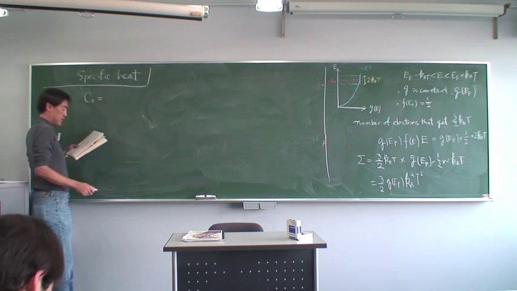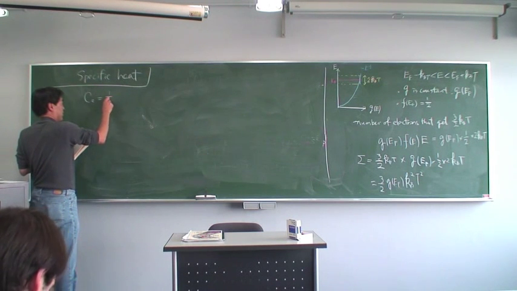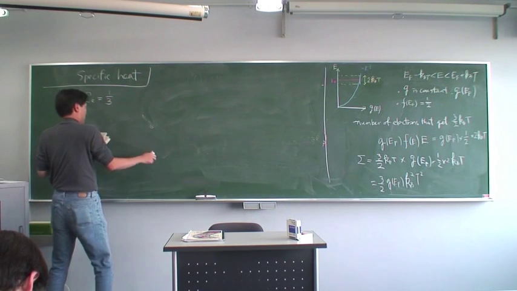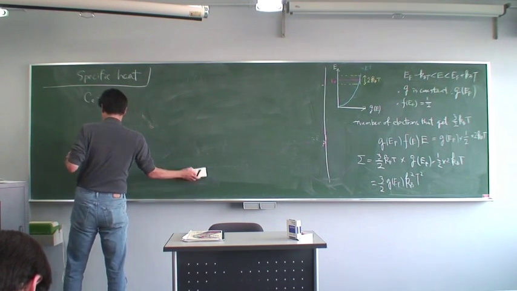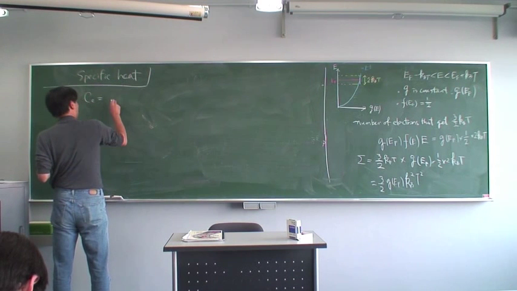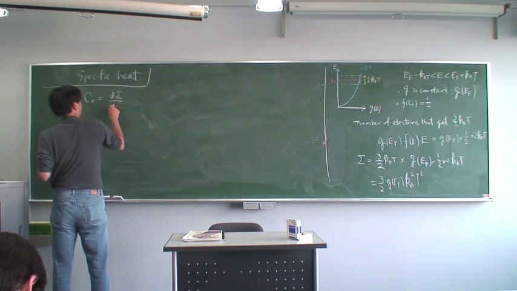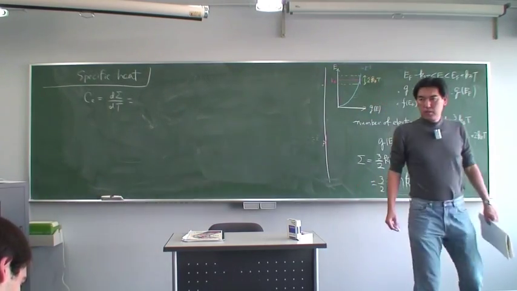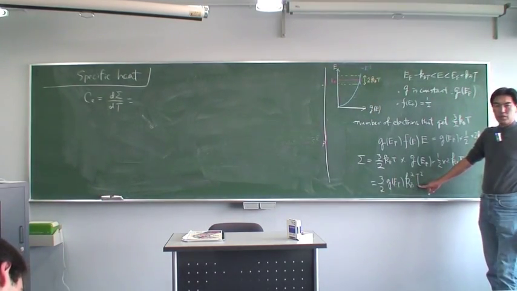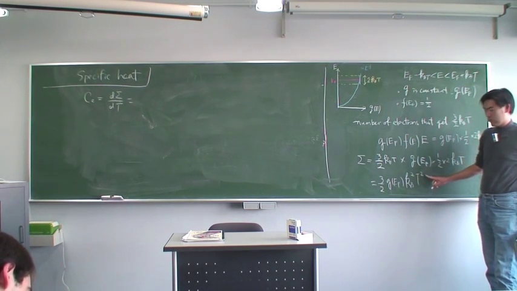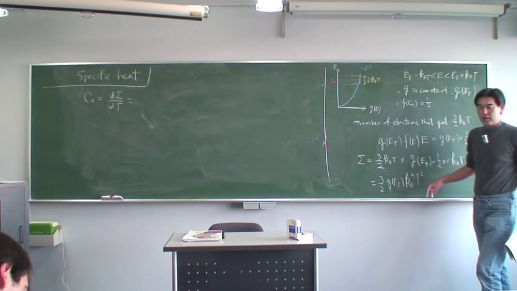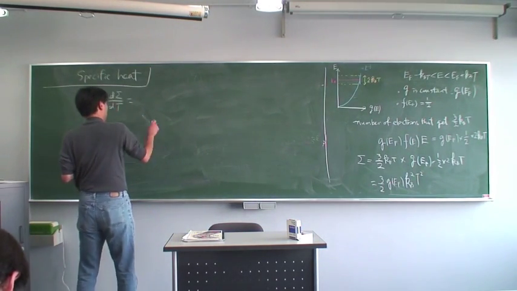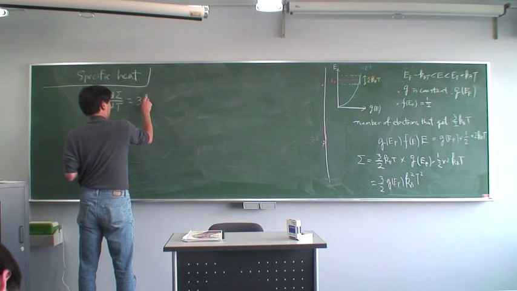The electron specific heat is the derivative of sigma with respect to T, so we just have to differentiate this with T. The 2 goes up and just T remains. So that's 3.